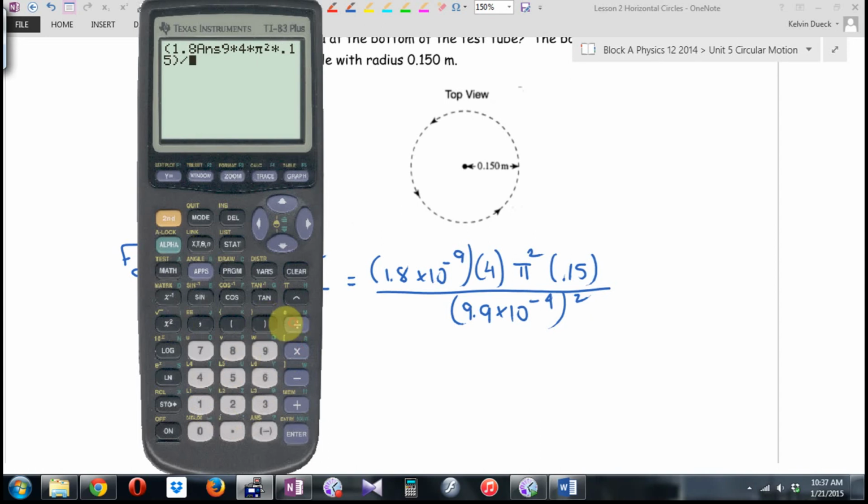Oh, I got a typo here, Mr. Dueck. I hit answer instead of that. 1.8 times 10 to the negative 9, times 4 times pi squared times 0.15, close bracket, divided by 9.9 times 10 to negative 4, squared. You should get that.